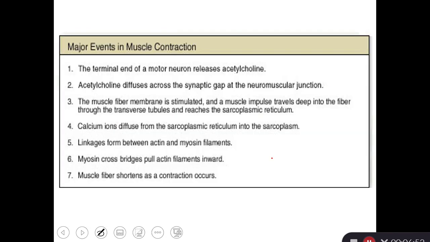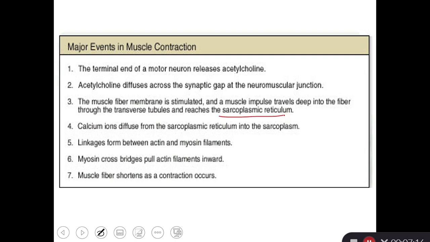So during skeletal muscle cell contraction, what happens in a summary? First of all, acetylcholine is released at the neuromuscular junction, leading to opening of the ligand-gated sodium channels. Action potential then happens. The action potential triggers the release of calcium from the sarcoplasmic reticulum.